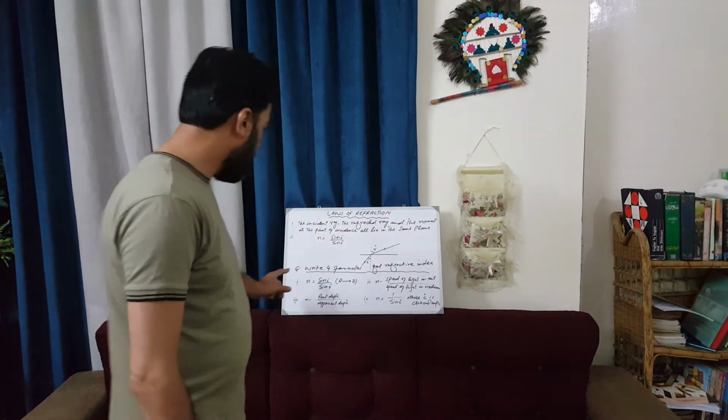Number three, n is equal to speed of light in air over speed of light in medium. And number four, n is equal to 1 over sine C, where capital C denotes the critical angle.